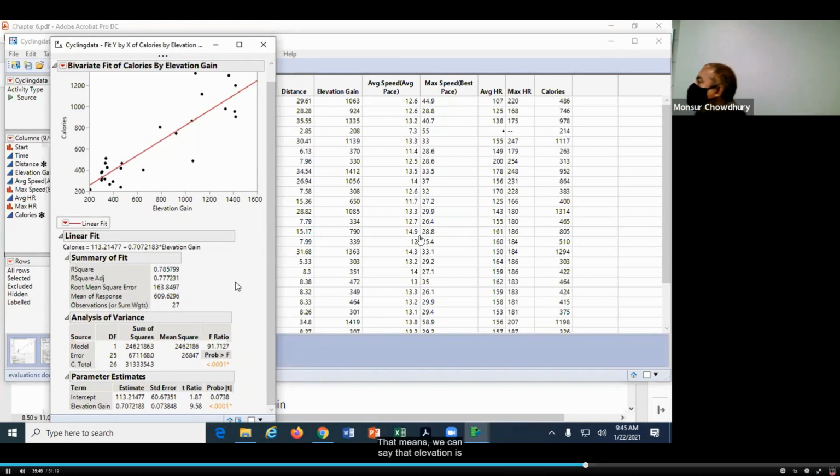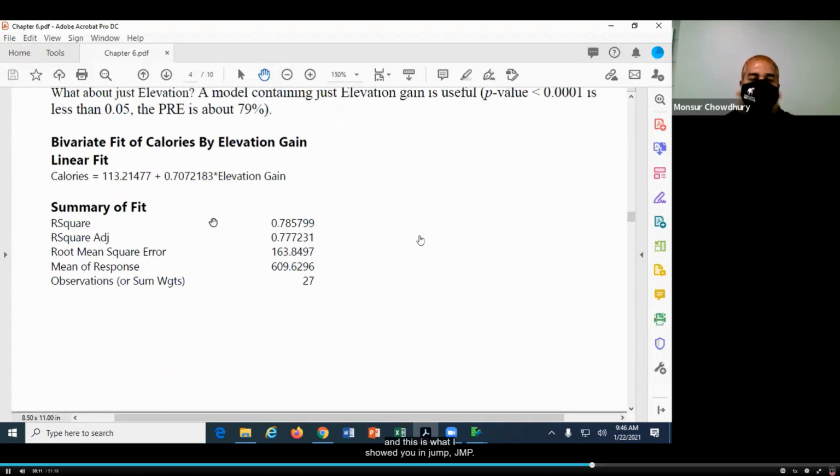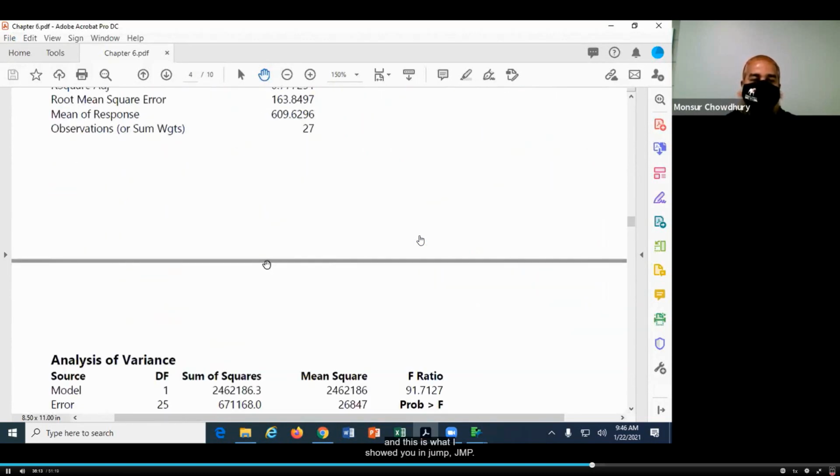That means we can say that elevation is a useful predictor for predicting the calories. Here I just say that if we just use elevation, elevation gain is useful because the p-value is very small in F. Also, the PRE is 79%, and this is what I showed you in JMP.